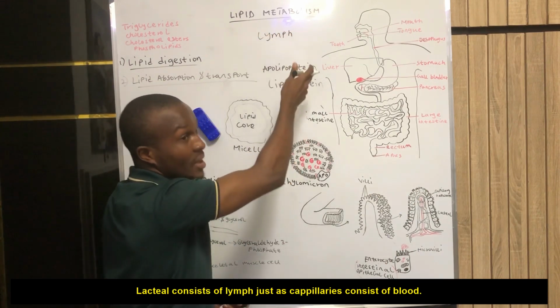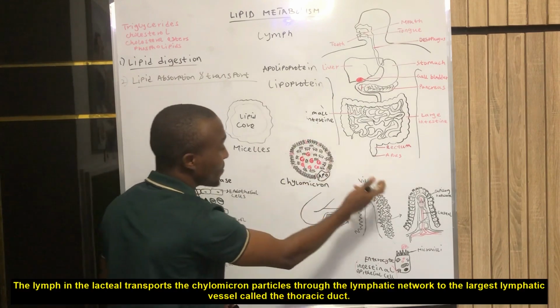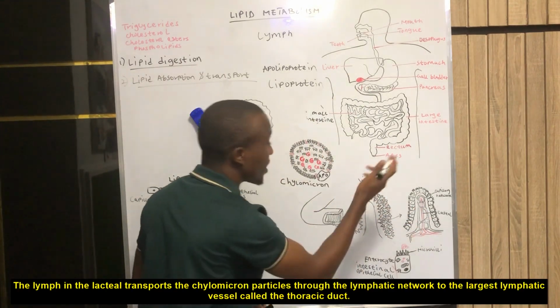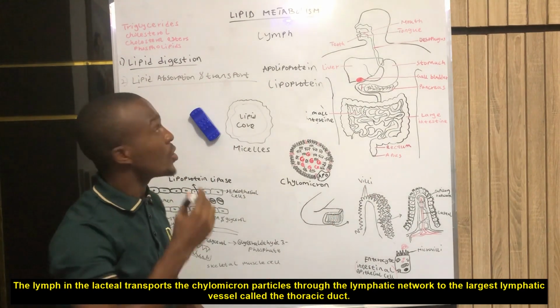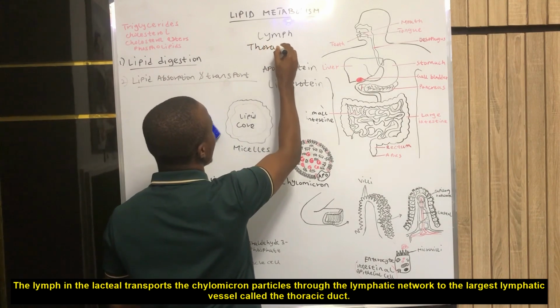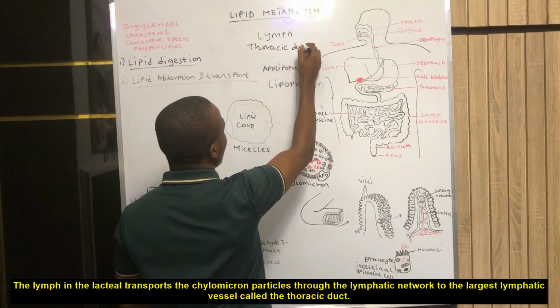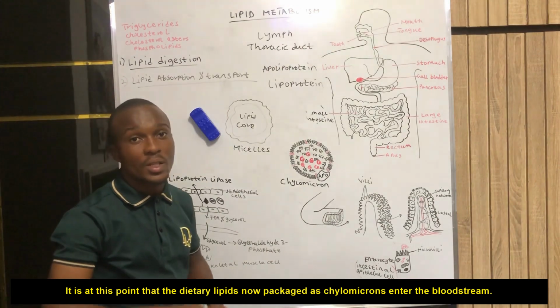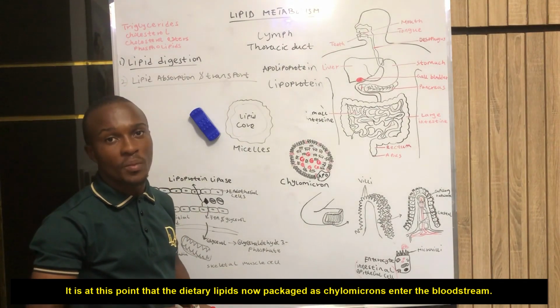Just like the blood in capillaries, the lymph in this lacteal transports the chylomicrons through the lymphatic network to the largest lymphatic vessel called the thoracic duct. It is at this point that the chylomicrons enter the bloodstream.